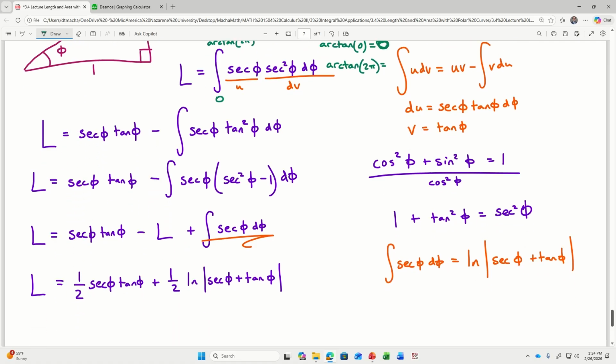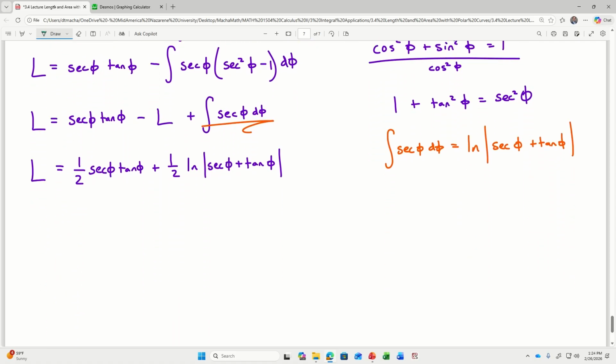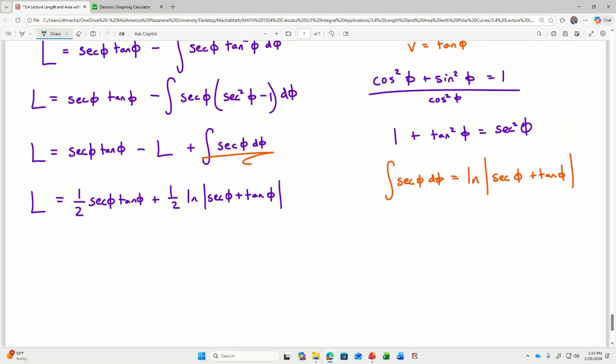And then we keep those lower and upper bounds all the way down to the end here, so that when we finally have our antiderivative, what we do is we plug in upper bound arctangent of 2 pi for the phis, and then you also plug in 0 for the phis here, and we see what we get.